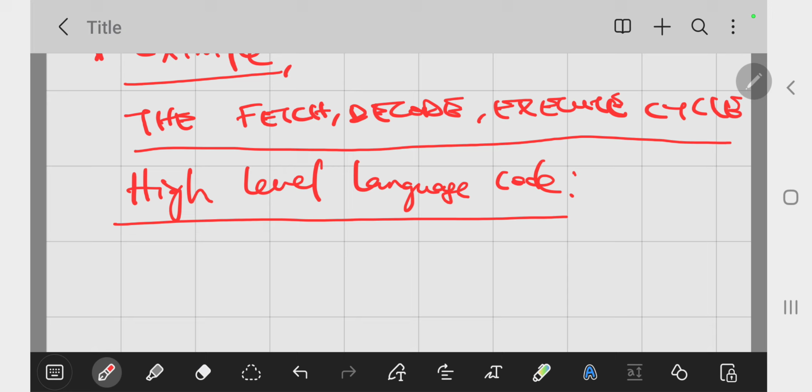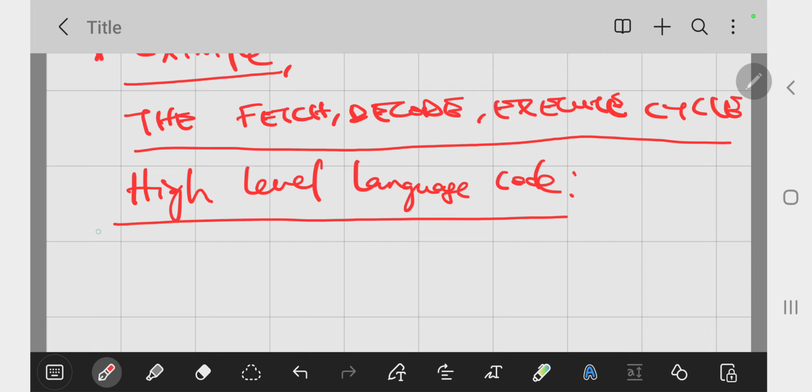So what we mean by a high level language code is this: as you become a programmer, if you want to venture into that field, you'll notice that the languages you find in programming can either be high level or low level.